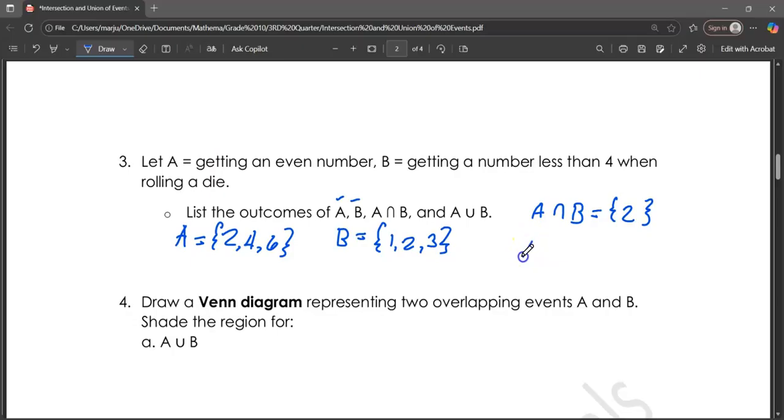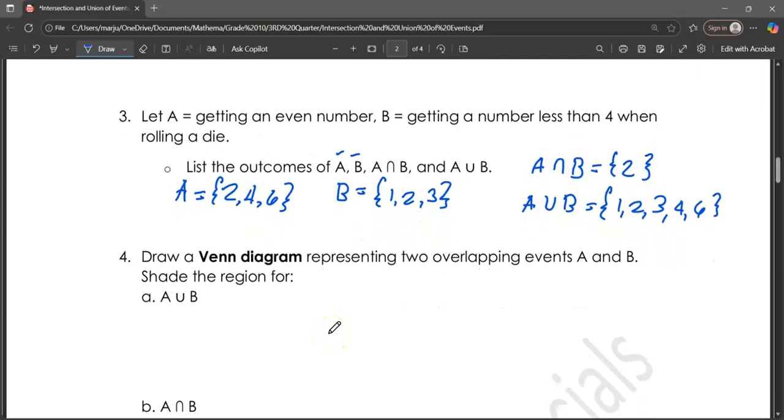And then when we say A union B, we are just going to combine everything. We will not repeat. For example, I have 2 here, I have 2 here. We will not write two 2's, we only write 1. So we have 1, 2, 3, 4, and 6. That will be our union. I hope that makes sense.